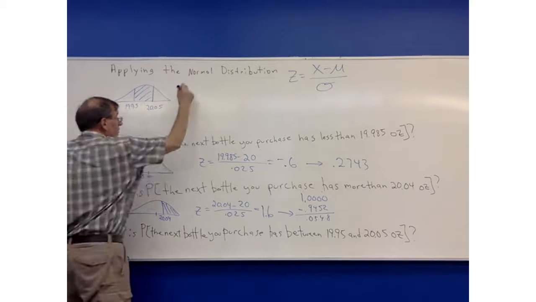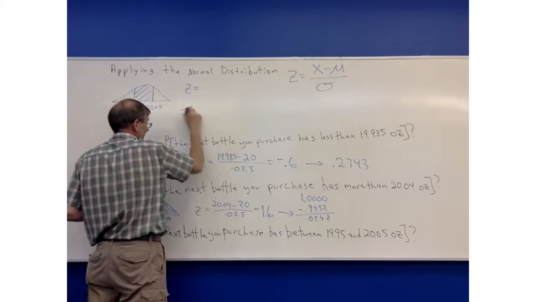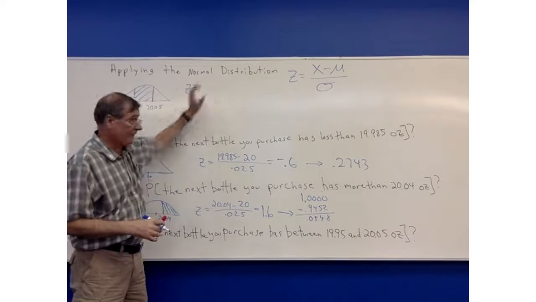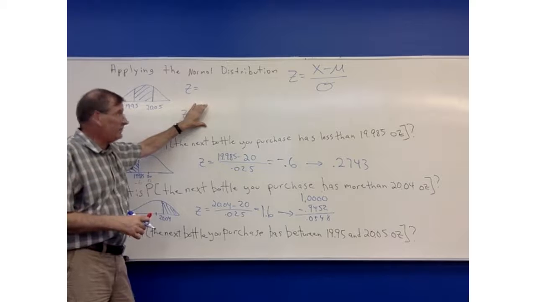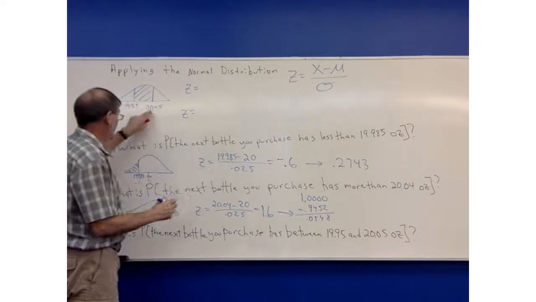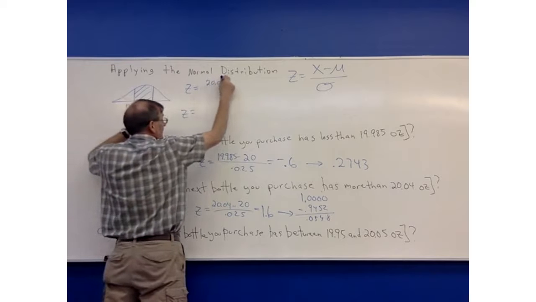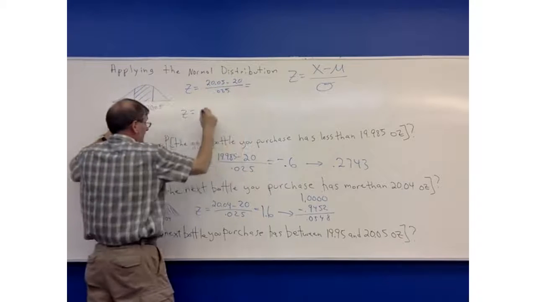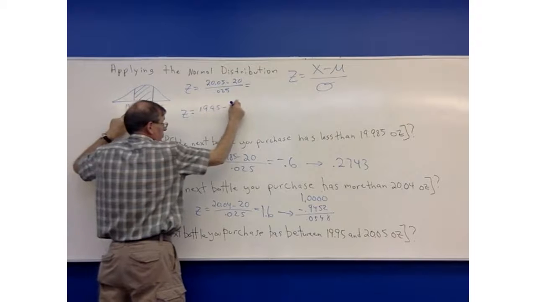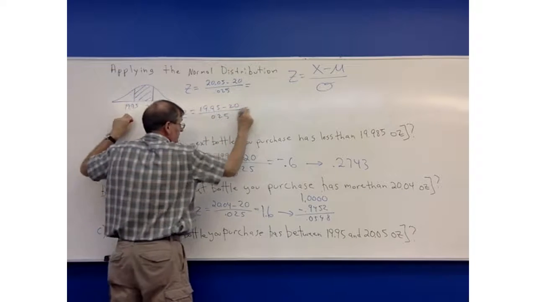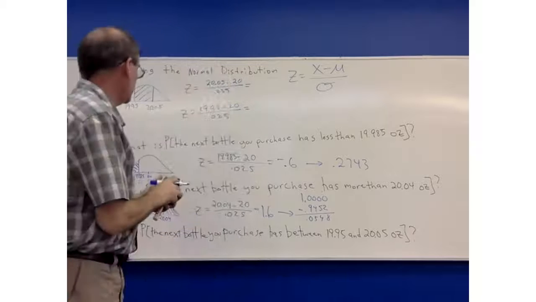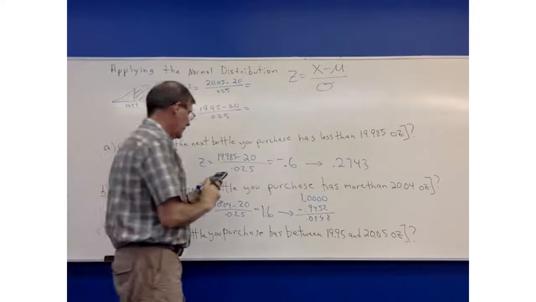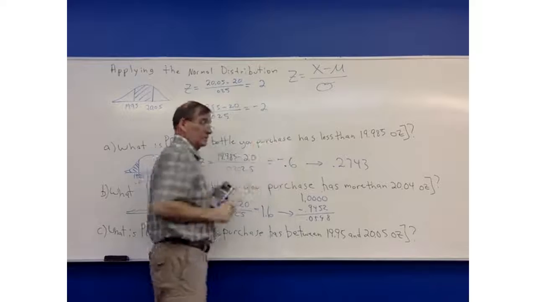So I'm going to have two z values. When you're doing in between like this, I like to do the z of the bigger number on top and then the smaller number on the bottom. It makes the answer flow a lot better. I'll show you what I mean. We take 20.05 minus 20 over 0.025, and 19.95 minus 20 over 0.025. We find out what these values are. Okay, this is 2, and this is minus 2.